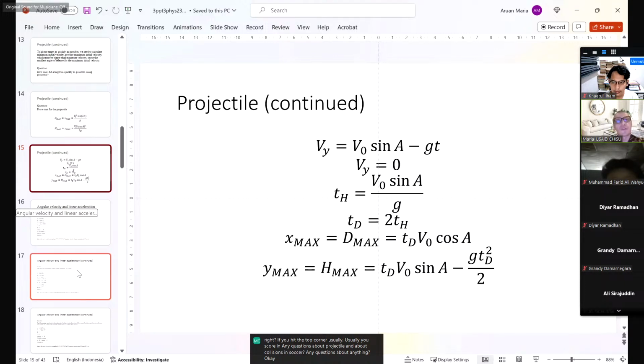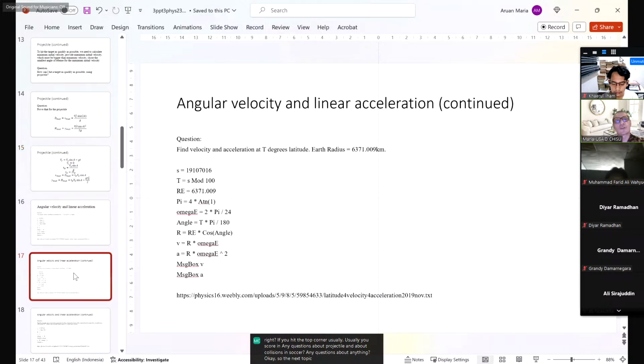Okay. So the next topic that I would like us to discuss, I would like us to calculate angular velocity and linear acceleration. And I ask you to find velocity and acceleration at t degrees latitude, and then we are on Earth, so I give you the radius of Earth, right?